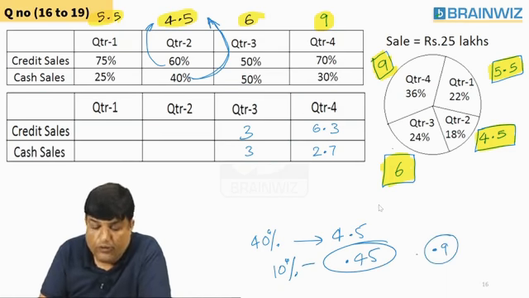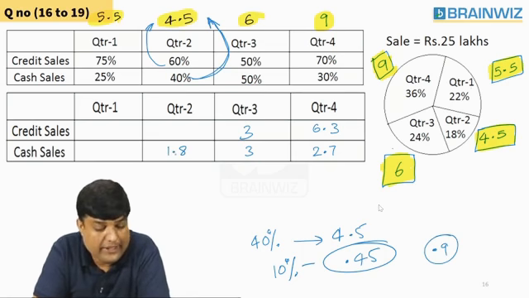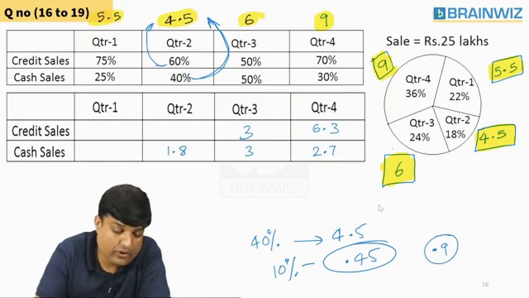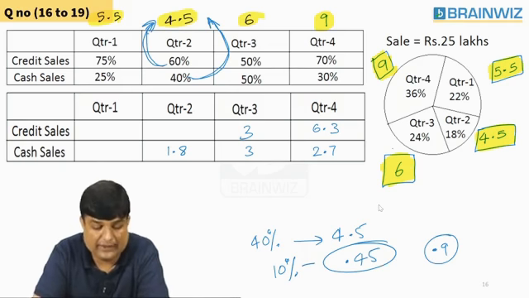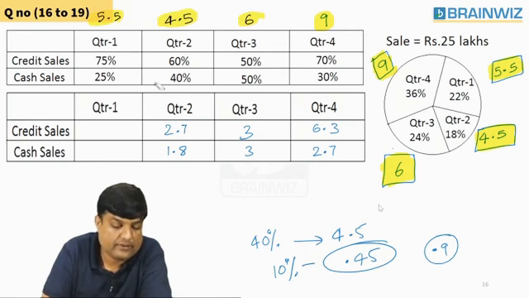Double. 40% is 1.8. Are you understanding, guys? Now, rest of all, 1.8 lakhs means rest of all, 2.7 lakhs is 60%.